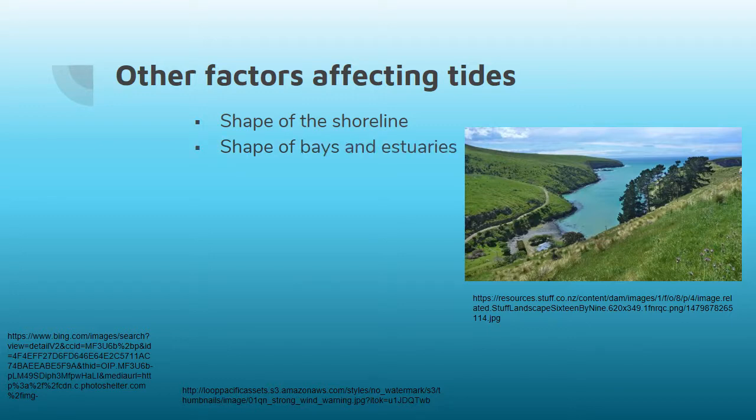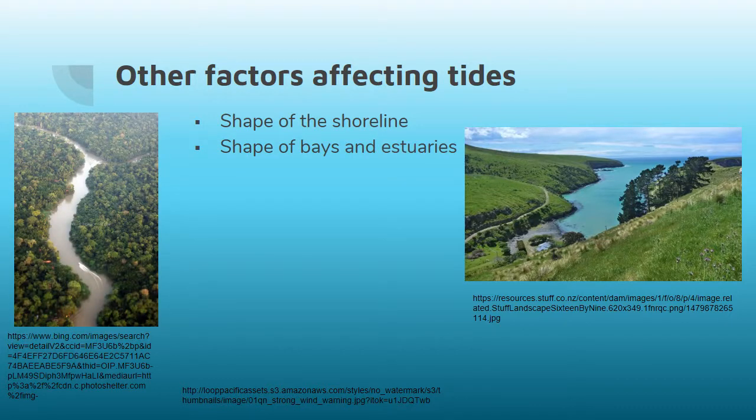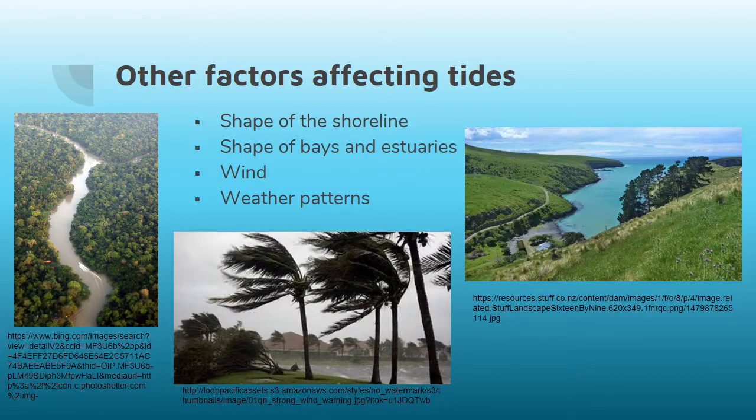Also, shapes of bays and estuaries. Believe it or not, narrow estuaries actually calm the tides a bit, and we don't see too much aggregation going on in a narrow channel. Then, of course, there's also wind and weather patterns that affect the tides and the wave action in general.